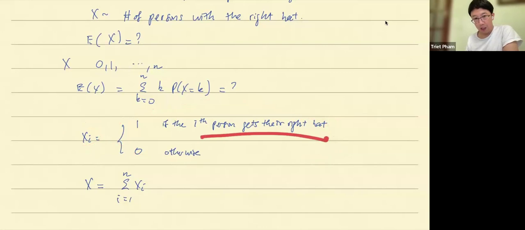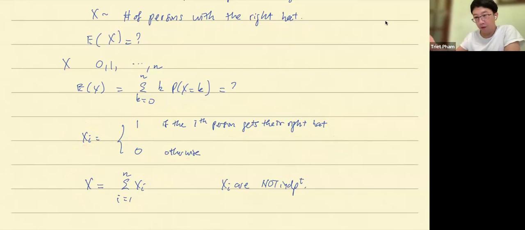This is the use of the indicator function to count up the total number of something. Notice one thing: the Xi are not independent. Why? Because if the ith person gets the wrong hat, then of course it will influence someone else, and so on and so forth.